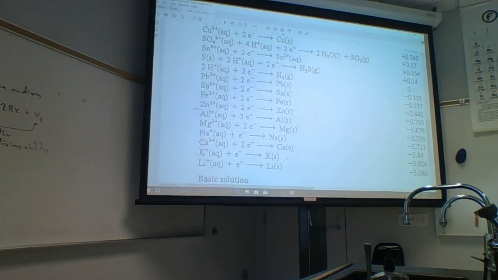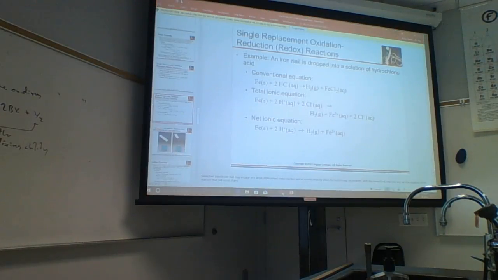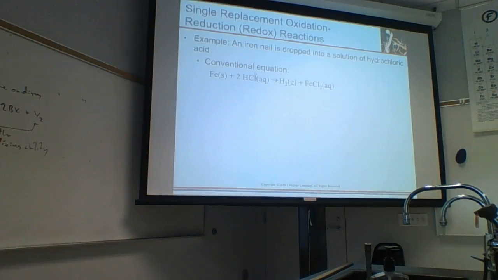Indeed, if I put iron in HCl, it's going to bubble hydrogen gas off, and the iron metal is going to dissolve. So it worked here, single replacement, no problem, just as we expect. So we have Fe plus 2HCl yields hydrogen and FeCl2. The only thing missing here is the driving force. We write out the ionic equation, and then the net ionic equation.